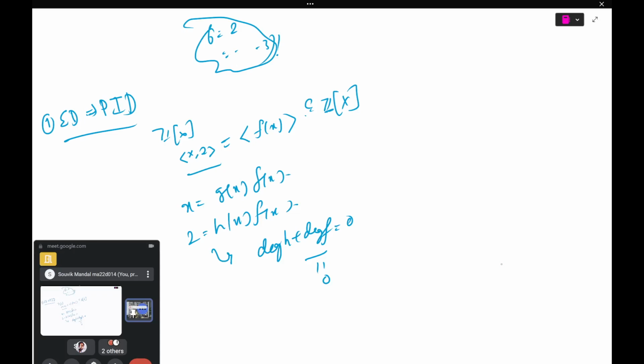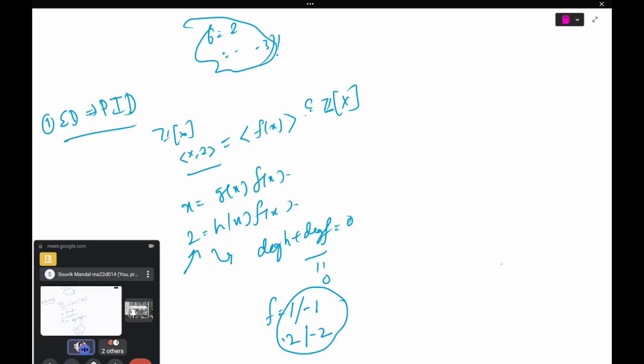So f will be either 1 or minus 1, or, because here we have only 2, plus 1, minus 1, plus 2 or minus 2. There are only these four possibilities for f.